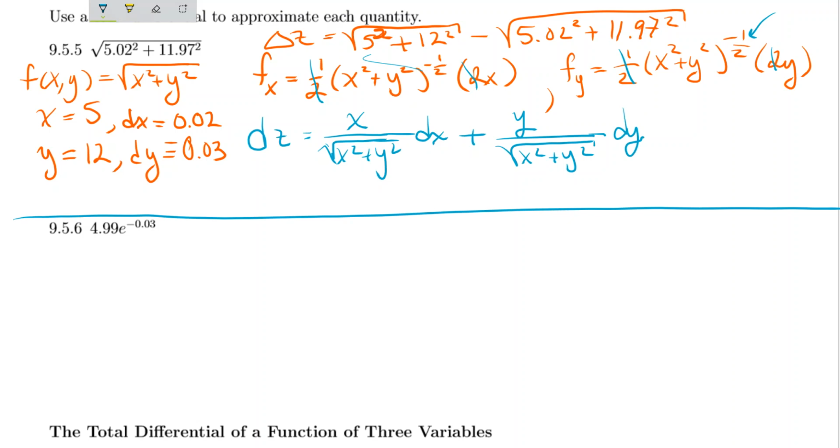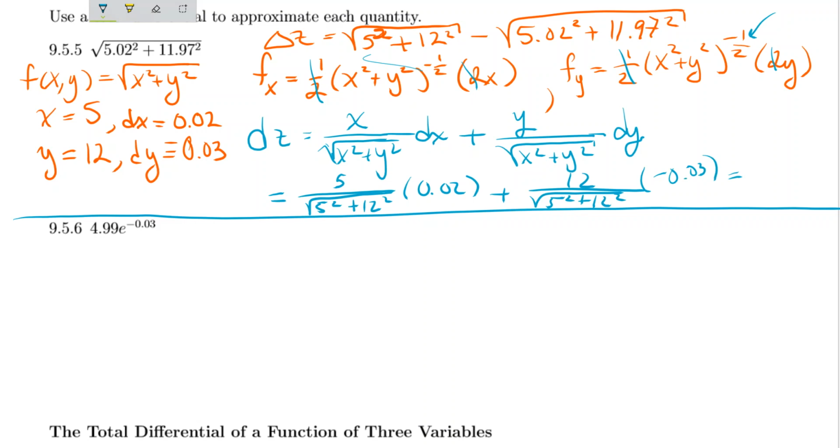Okay, so now I got to plug in my x's and my y's and my dx's and dy's. So my x, as you remember, is 5. So this is 5 over the square root of 5 squared plus 12 squared times 0.02, plus my y, which was 12, over the square root of 5 squared plus 12 squared times my dy, which was negative 0.03.